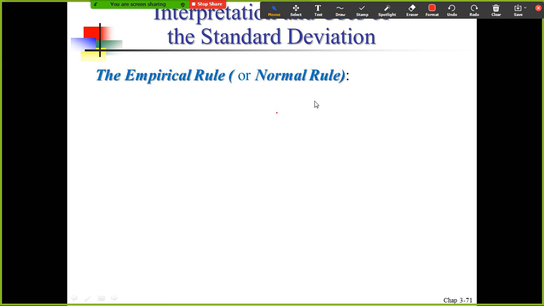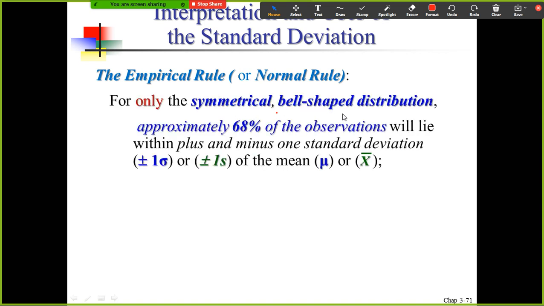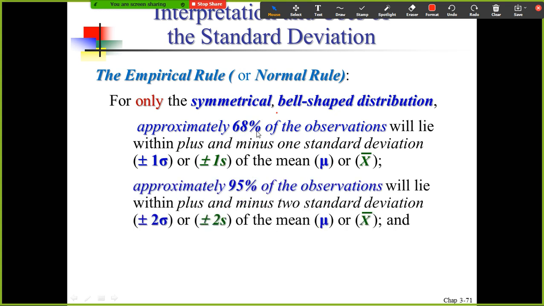Empirical rule or normal rule. This is symmetric. So based on this rule, we can see that if you have the mean, and you want to find one standard deviation plus and one standard deviation minus, it is about 68%.